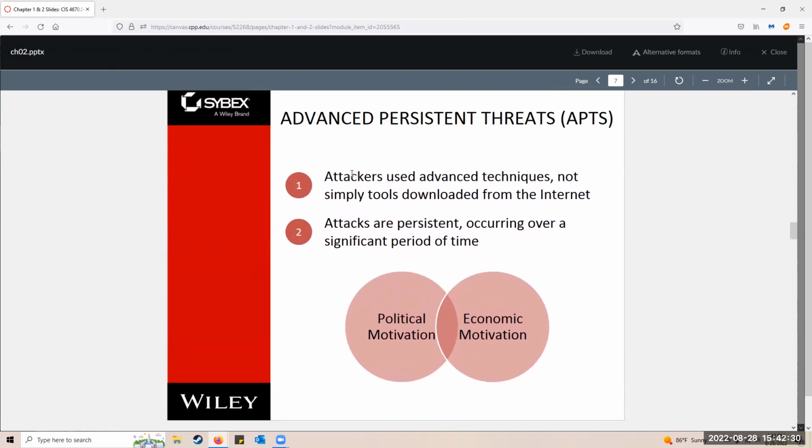All right, so I want to talk a little bit about this concept of advanced persistent threats. Advanced persistent threats are basically where an attacker is able to get into a system and stay in a system by multiple means.